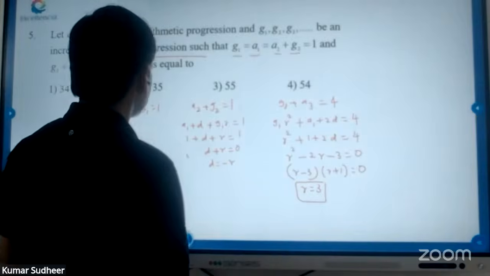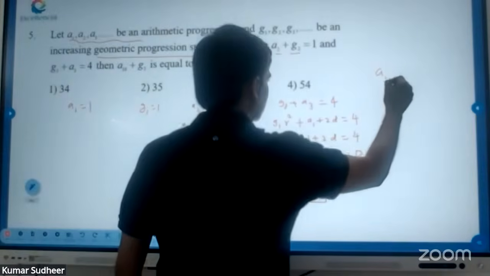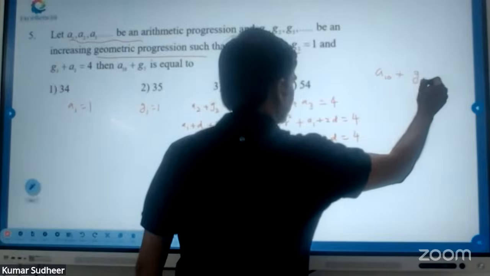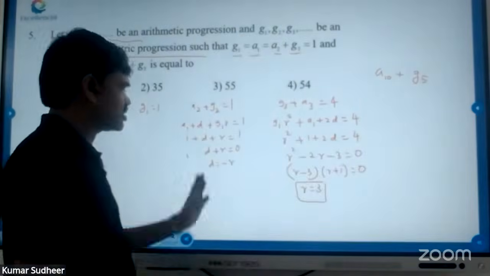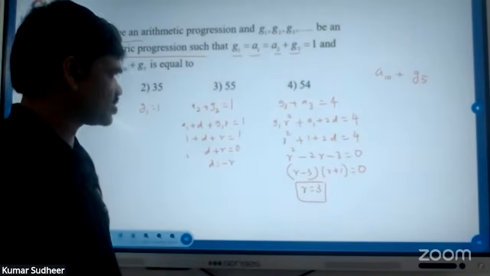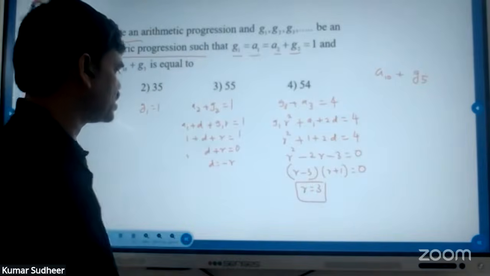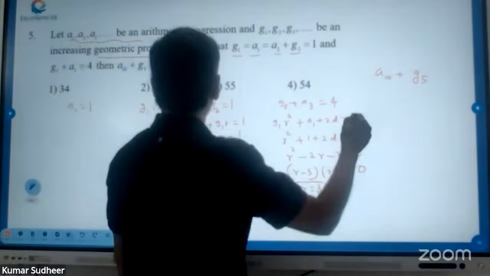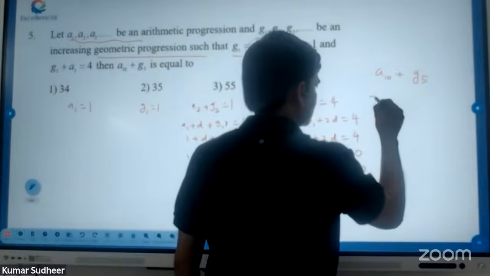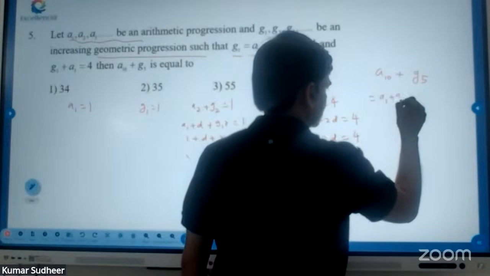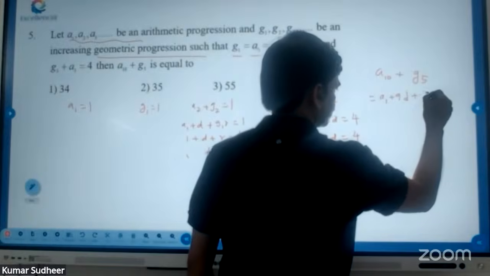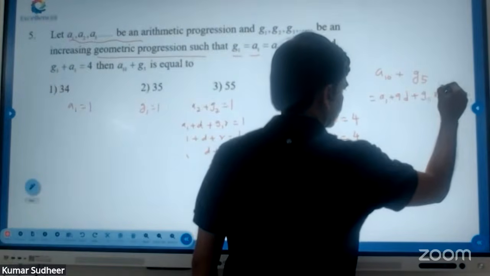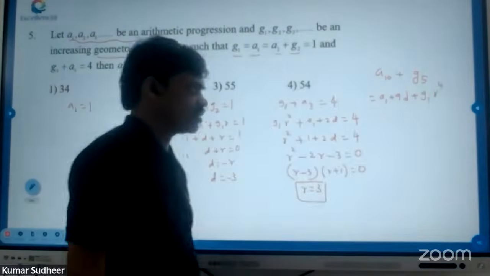Now what is the question given? They are asking A10 plus G5. G5 you can find out since we know R and the first term. So let us find out D. What is the value of D? D is equal to minus 3. So what is A10? A10 is equal to A1 plus 9D, and G5 is G1 R to the power 4.